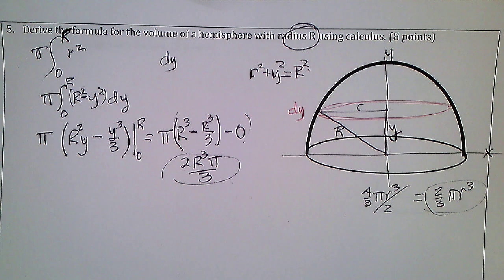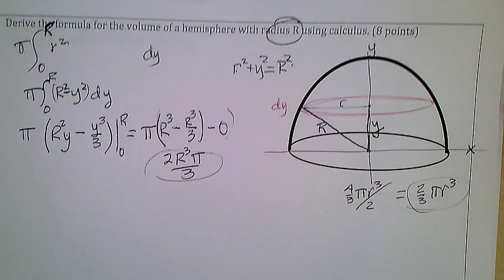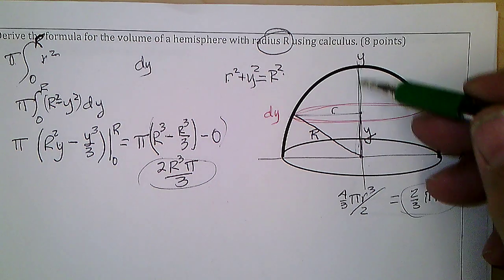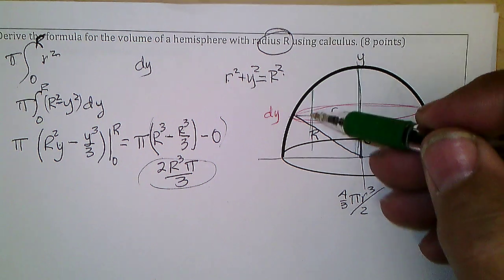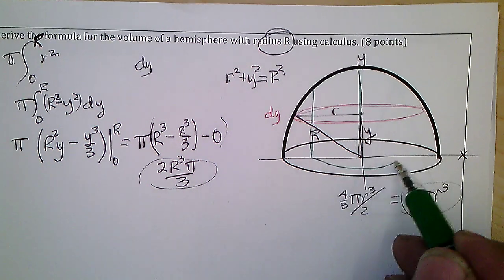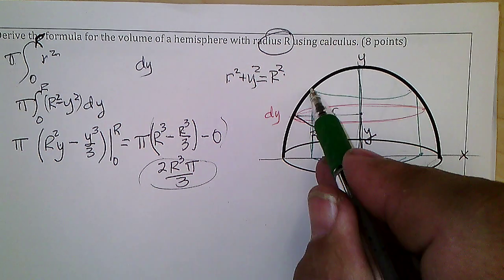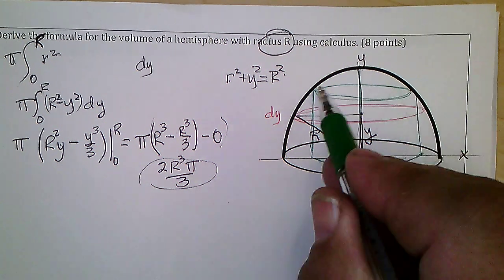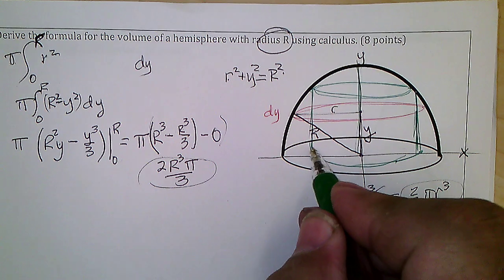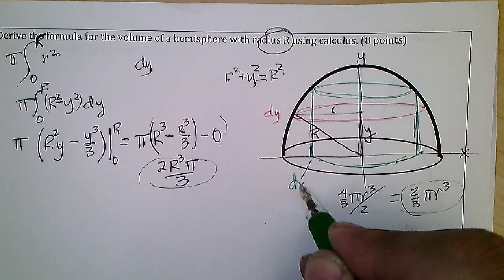Now, let's do it shell method. Okay, if I'm doing shell method, I slice parallel to the axis of rotation. So that would be something like out here. That would be in a circle. So I get this ring. The thickness of the ring would be dx.